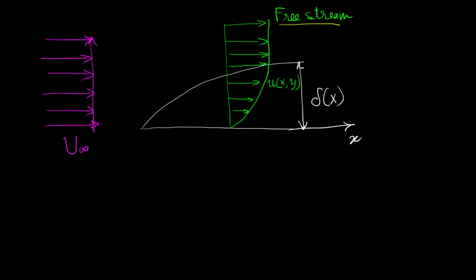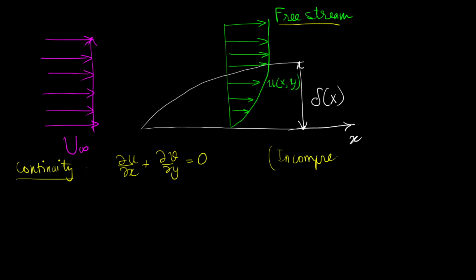So let us first write the continuity equation. We have del u del x plus del v del y is equal to 0. So we are considering incompressible flow. This is valid for Mach numbers less than 0.3.